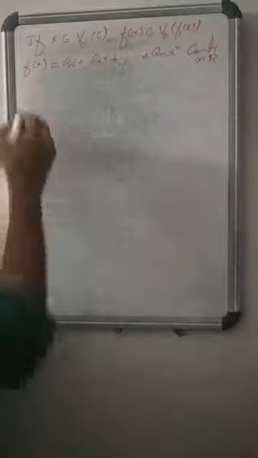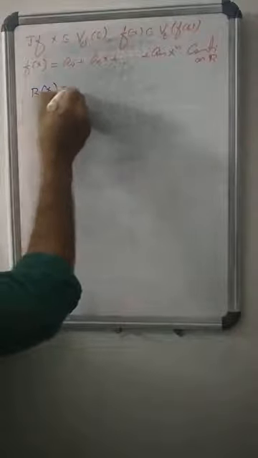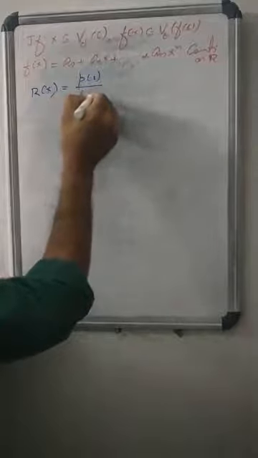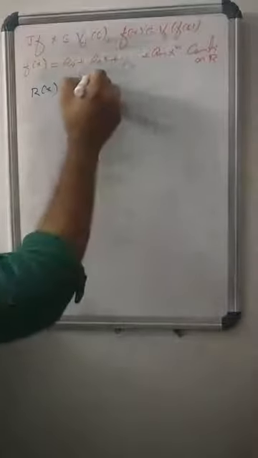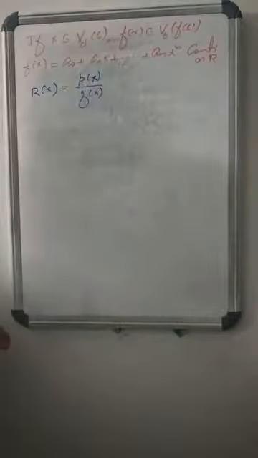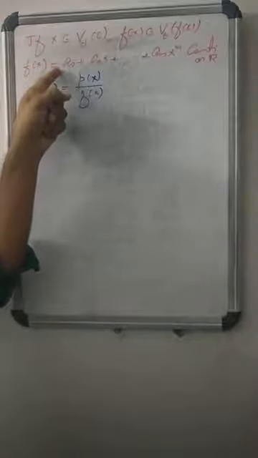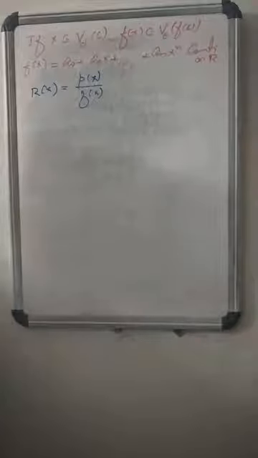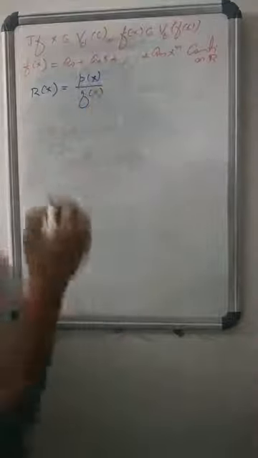Why? Suppose r of x is a rational function, r of x equals p of x by q of x, where p of x and q of x are polynomial functions. We know that polynomial functions are continuous on R. Therefore both p of x and q of x are continuous on R. But we know that when f and g are continuous, f by g is continuous.